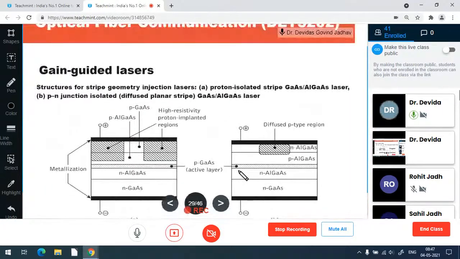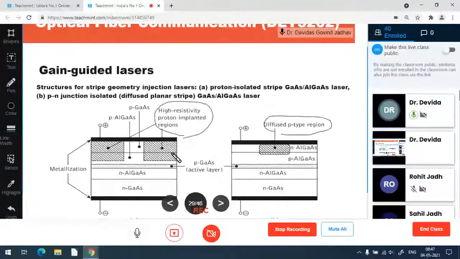This is achieved with various techniques like gain guided techniques, in which two types are there. One is high resistivity proton implantation, and another is diffusing the p-type region. So protons are implanted, which makes a resistive region for conduction, and the conduction region remains very small.